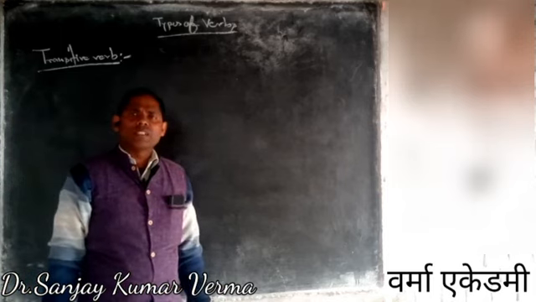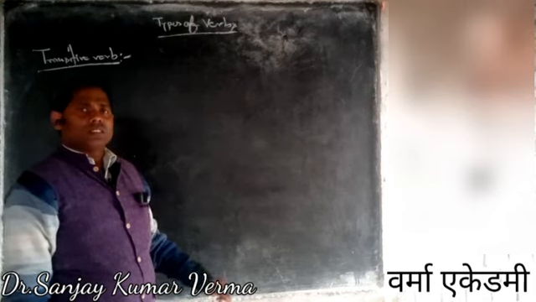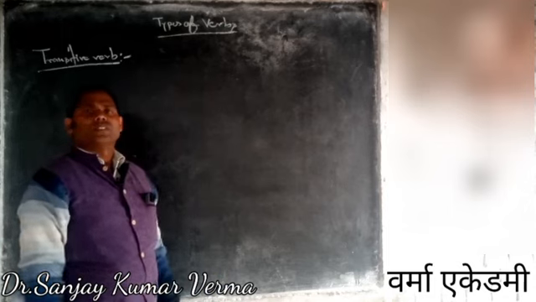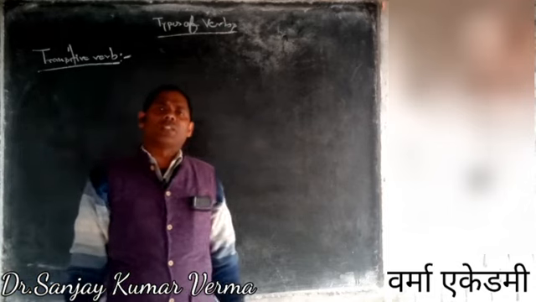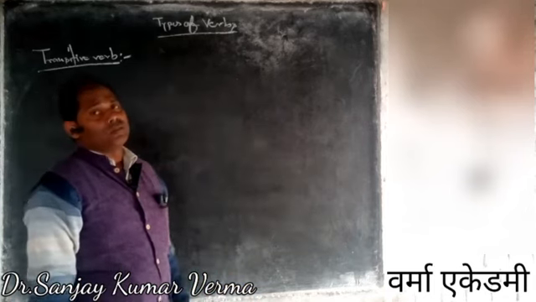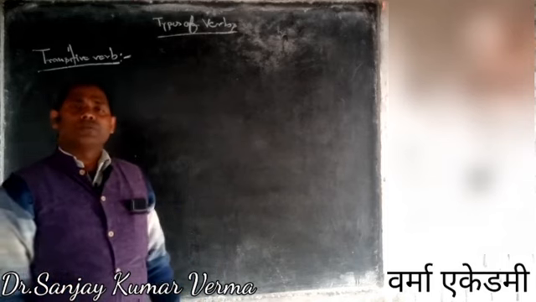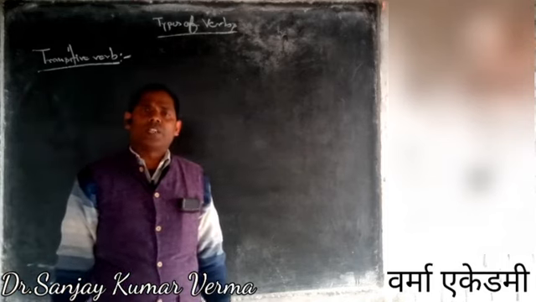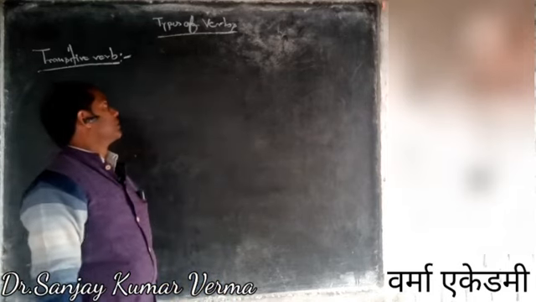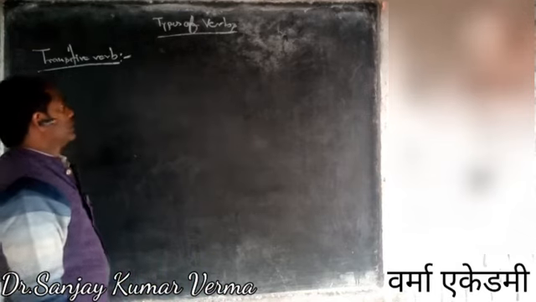The sentence in which an object is used, that word will always be called transitive verb. Or the sentence that shows an object, that word will always be called transitive verb. Note down.